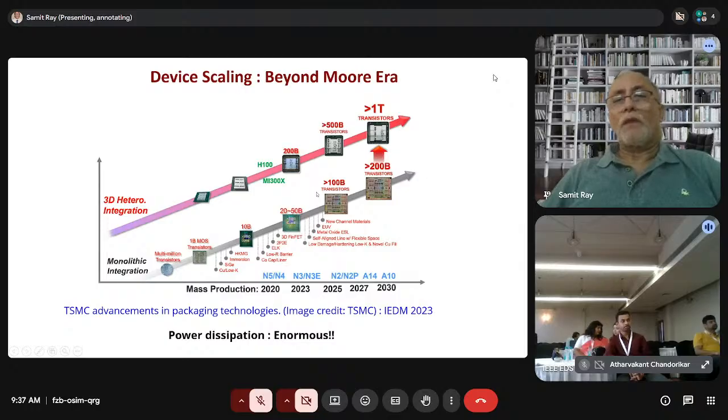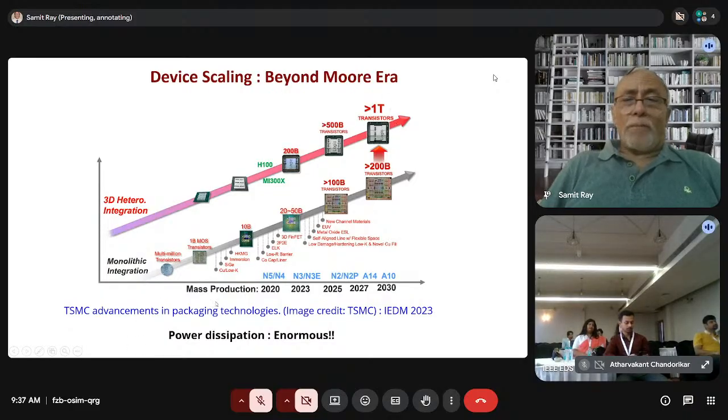In the next 5 years, it is expected to be more than about 200 billion transistors. This is monolithic integration. Three-dimensional heterogeneous integration, which all the AI companies like NVIDIA want, can easily have about 1 trillion transistors.